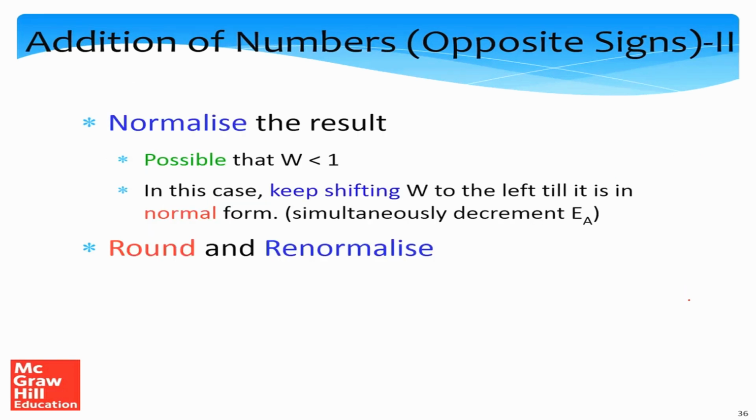After we perform the addition and adjust for the sign, we need to normalize the result. There are some reasons why we need to do that. Let us assume that we are trying to add these numbers.